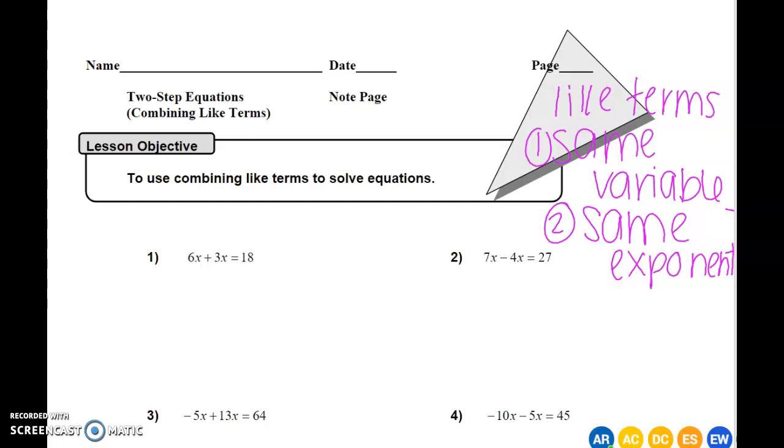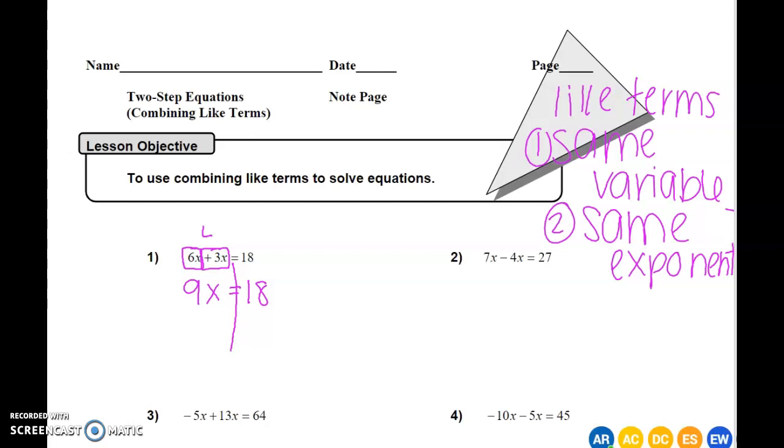So for number 1, on the left-hand side of my equation, I have 6x and I have 3x. So they have the same variable, right? They're both x's, and they both have the same exponent, which in this case would be 1, even though it's not shown. So these are like terms, and I can add them together. So 6x plus 3x gives me 9x, equals 18 still.